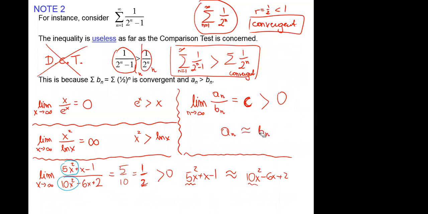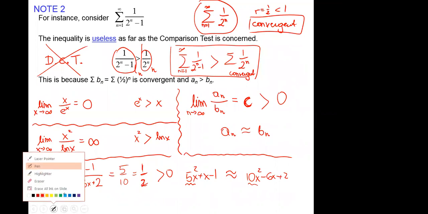This is an extremely important conclusion. But now let's make one thing straight. If b sub n is convergent, then my original formula a sub n is also convergent. However, if b sub n is divergent, my original formula is also divergent.